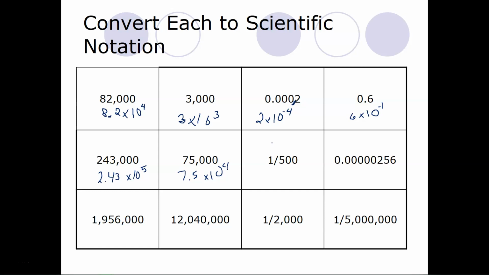Once you solve 1 over 500, that's 0.002, which is 2 times 10 to the -3.